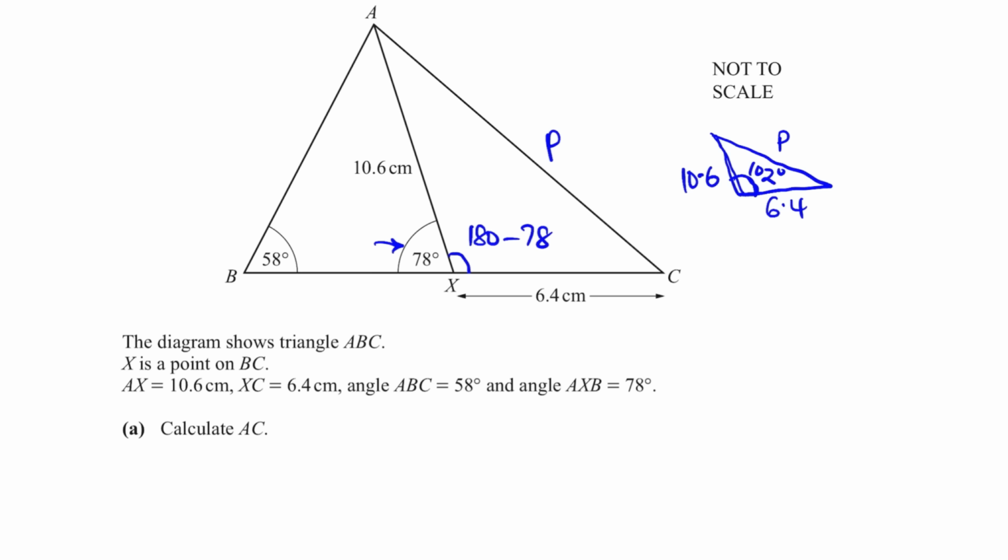With this simplified diagram, we can now calculate for P using the cosine rule.